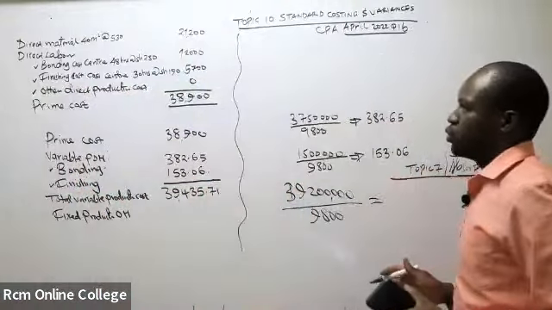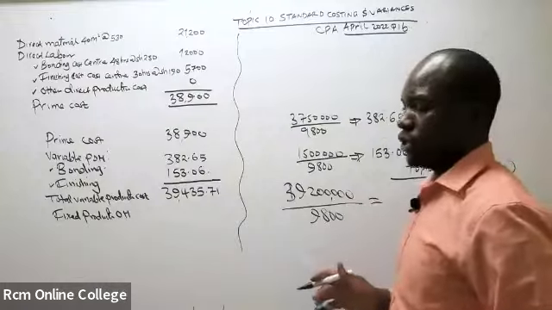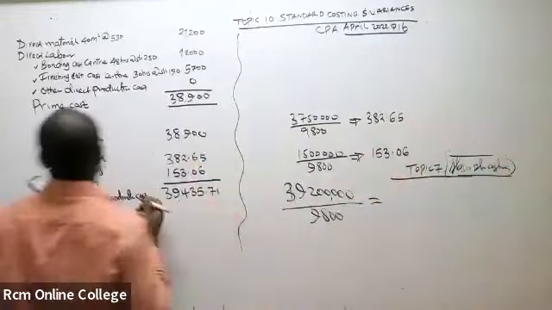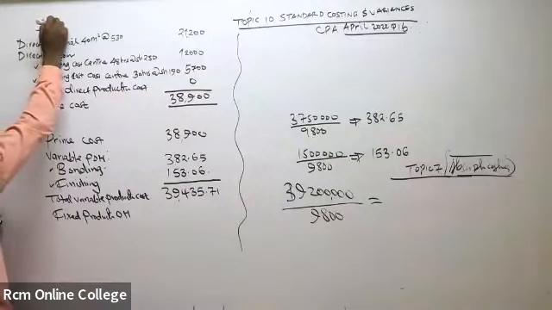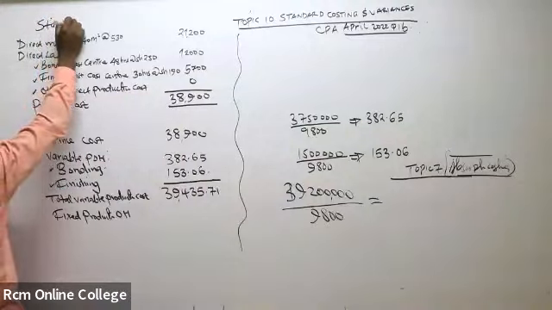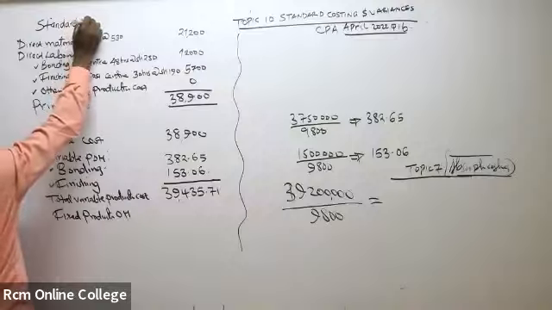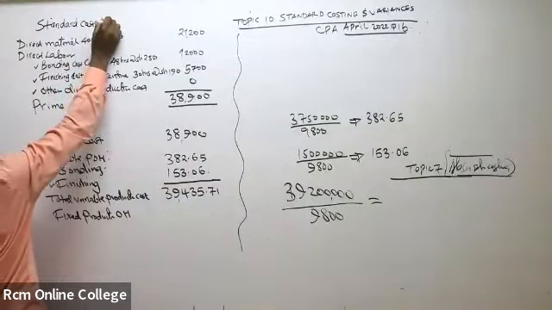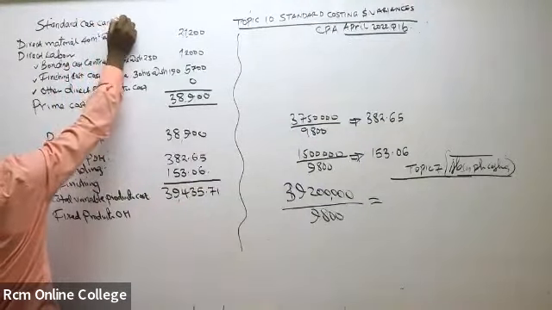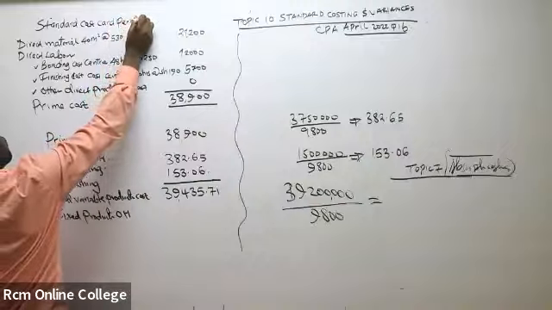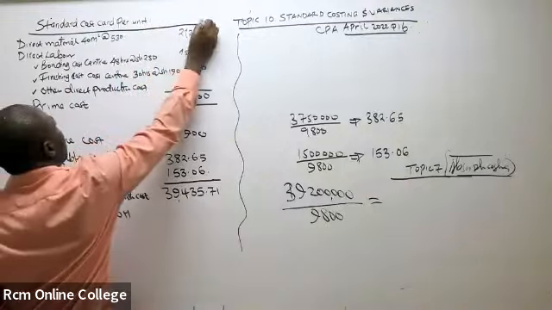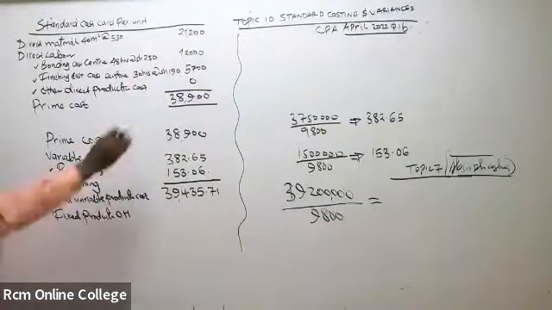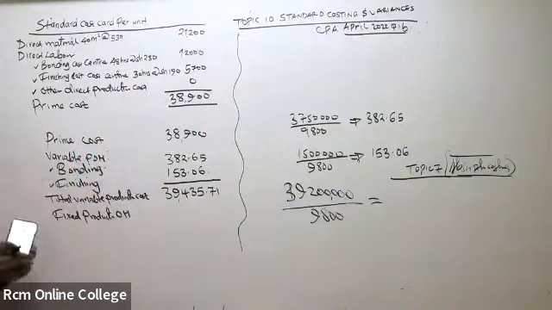Don't combine the two. I wish tungelewana hapa hivi. So what you can do, put standard cost card per unit. What we are putting here is the costing card per unit.